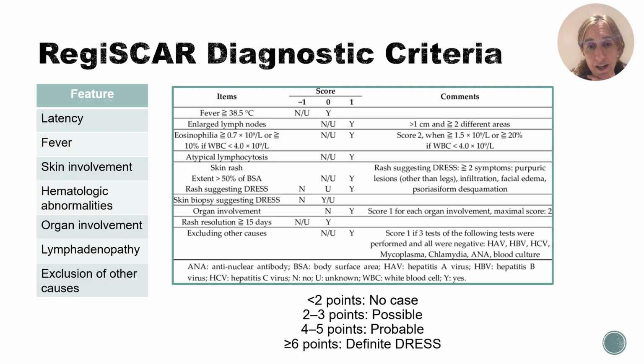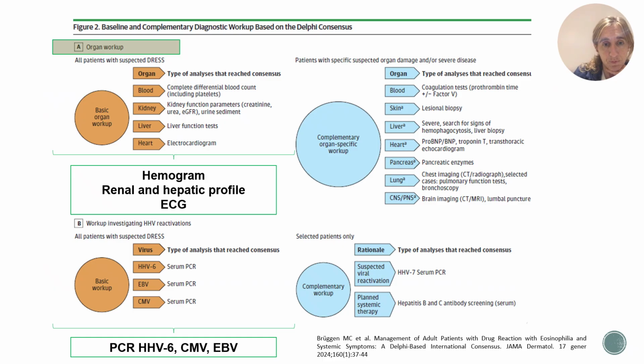You can see here that you have a positive, negative, or zero score on each of these items, for having a fever, yes, no, etc. And with this, you have a different scoring in which more than 6 points is definitely a DRESS.